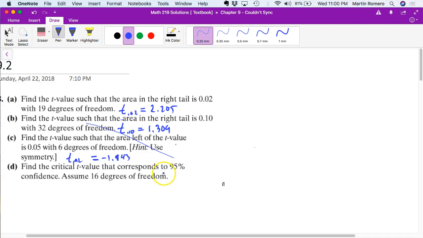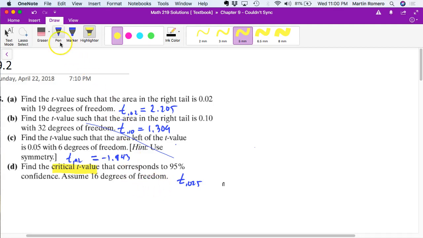Find the critical value that corresponds to 95% confidence, assume 16 degrees of freedom. Again, in this case, what we're looking for is t.025 because your alpha is 5% and you're going to divide it by 2, because it's asking for a critical value.